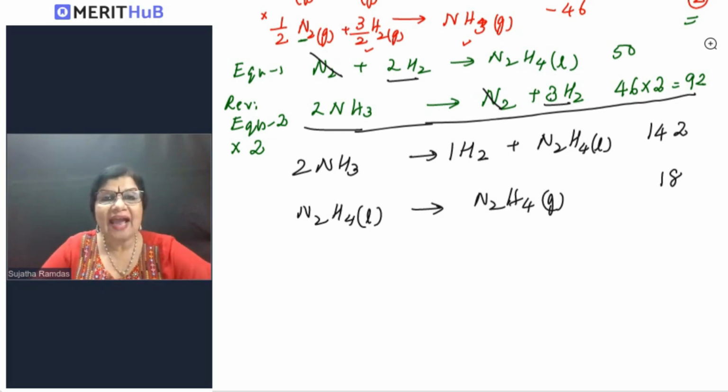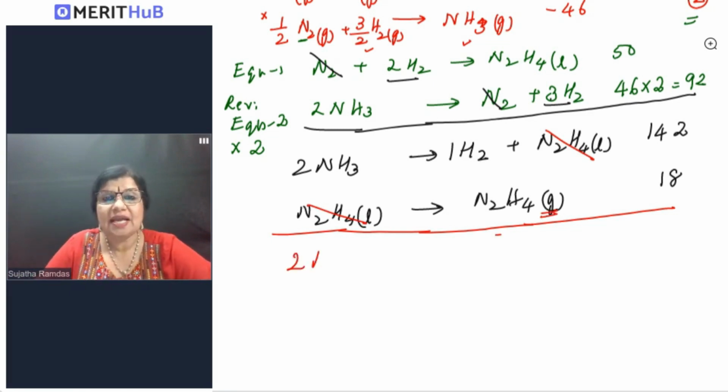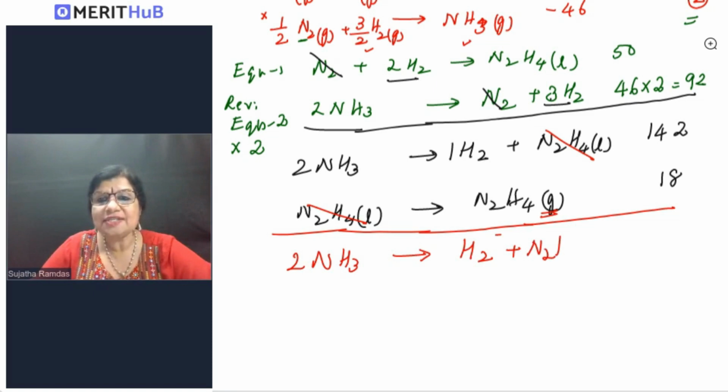Now let's add these two equations. When you add these two equations, N2H4 liquid gets cancelled. We want NN bond energy in hydrazine gas. So we've got rid of the liquid state. And now what do we have here? 2NH3 giving you hydrogen plus N2H4 in the gaseous state.